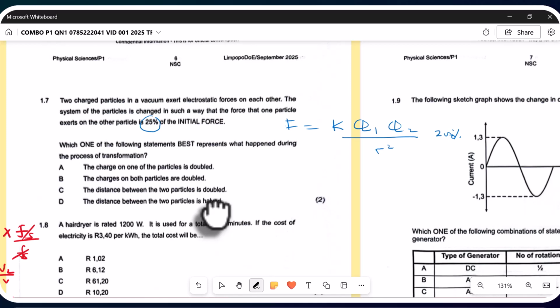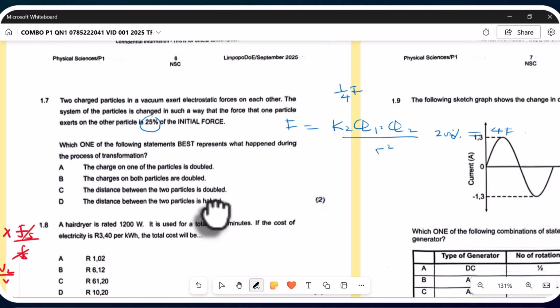Kilowatt hours mean that the watts must be in kilowatts, so the 1200 watts must be put in kilos, divided by 1000. And because this is kilowatt hours, the minutes must be hours, so we divide by 60 to change from minutes to hours.